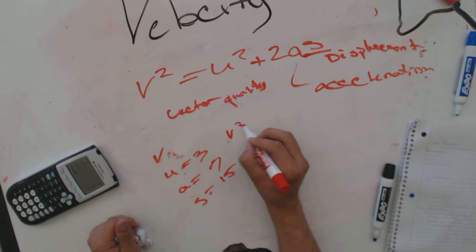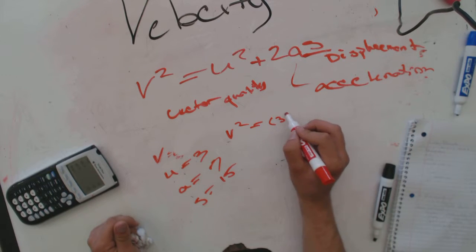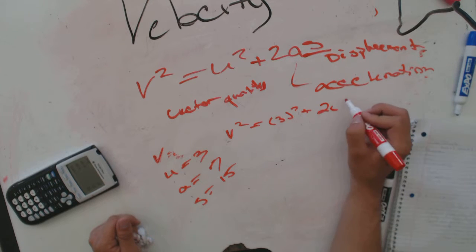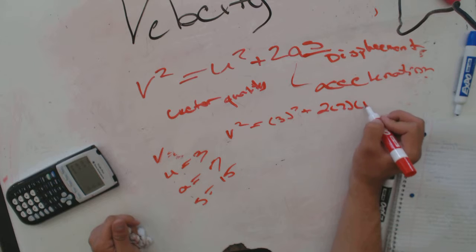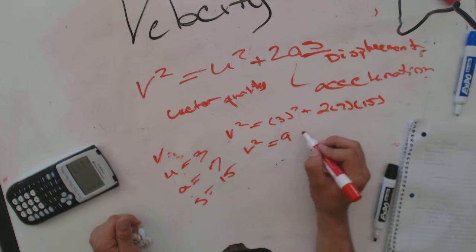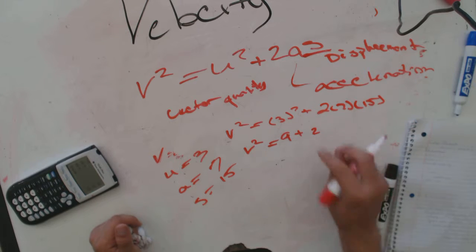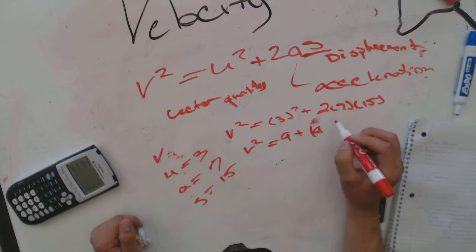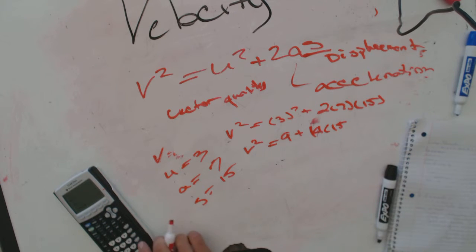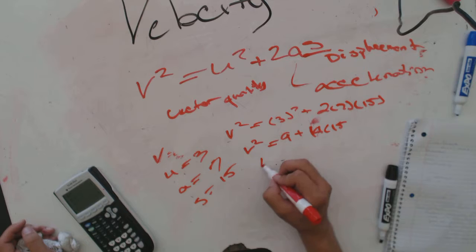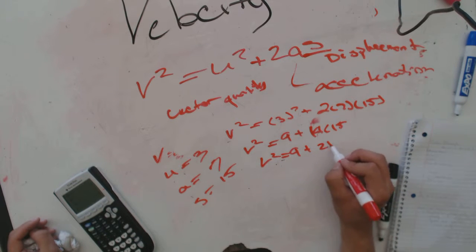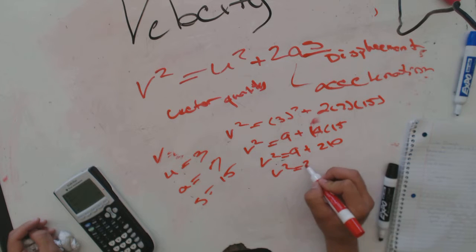So v squared equals 3 squared plus 2 times acceleration times displacement. So v squared equals 9 plus 2 times 14 times 15. So 14 times 15 equals 210. So v squared equals 9 plus 210, so v squared equals 219.